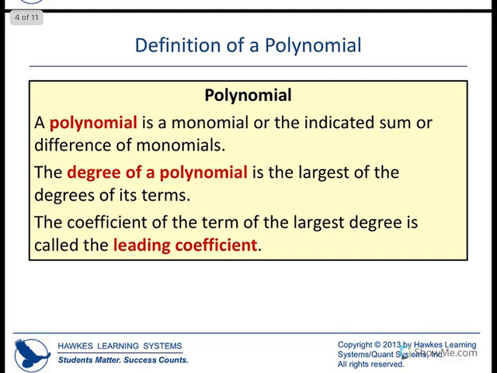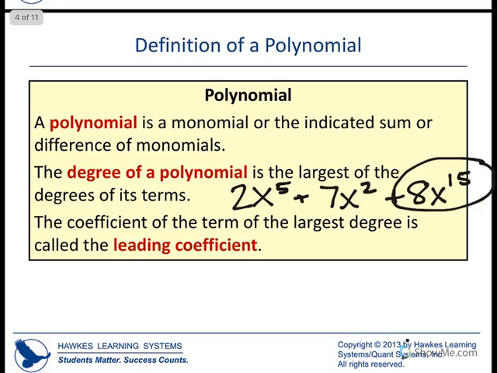So that's basically saying, if I have 2x to the 5th power plus 7x to the 2nd power plus 8x to the 15th power, you're going to pick the highest degree. The coefficient of the term of the largest degree is called the leading coefficient. So the leading coefficient in this situation would be 8.